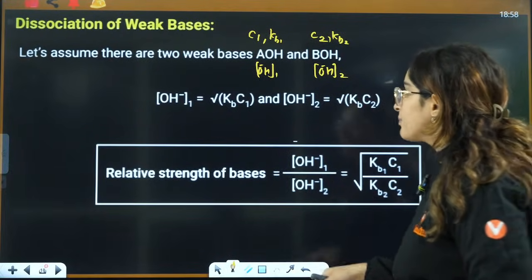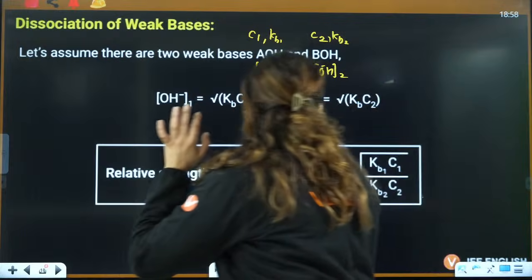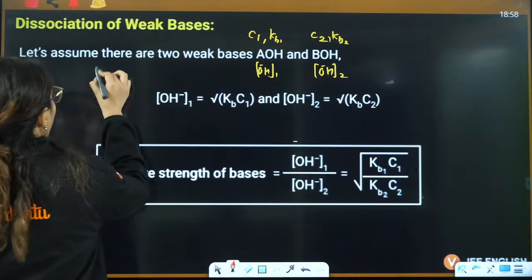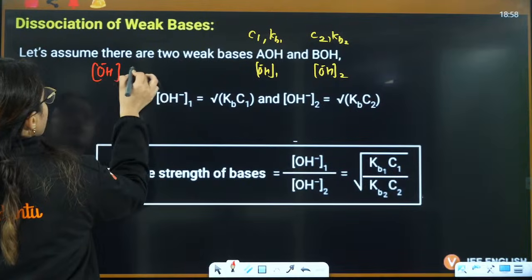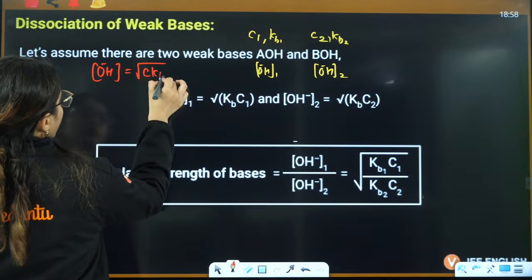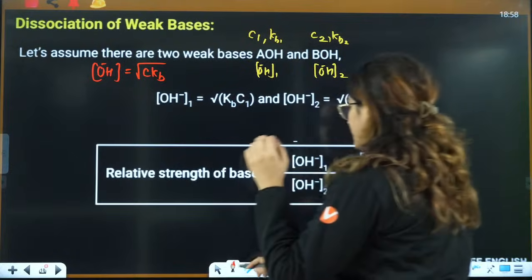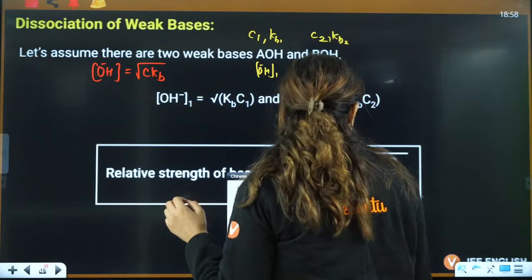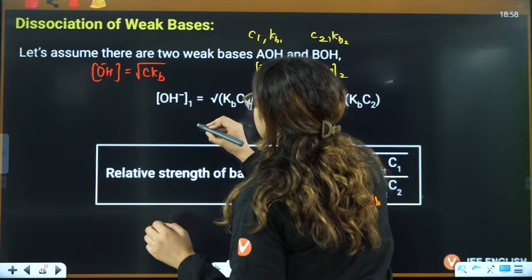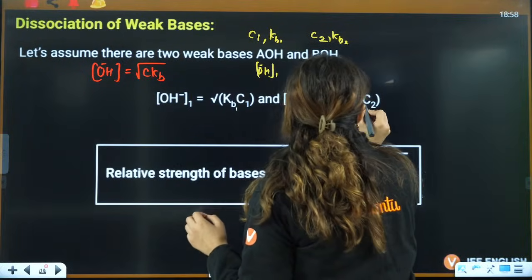When you divide it, because you know that OH negative is equal to under root of C into Kb. So for OH1, it is Kb1 into C1. This is Kb1, this is Kb2.